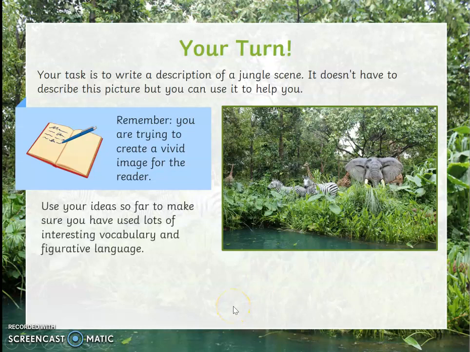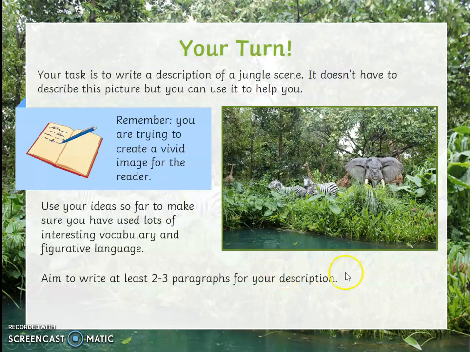So whatever we have learned, all those ideas, you synchronize and use lots of interesting vocabulary. Use a thesaurus to look for interesting synonyms and figurative language, and at least write 2 to 3 paragraphs for your description. But I'm just asking you to write one paragraph, at least having 4 to 5 lines. Put it in the comment section so that I can review it and tell you how to improve further.